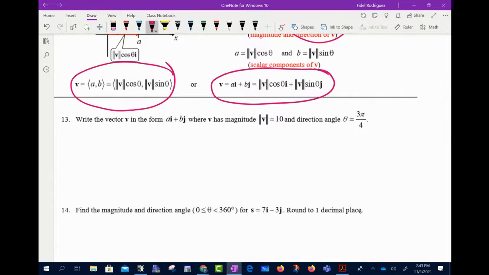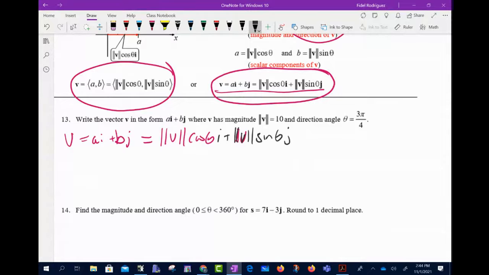So we want to write it in this form right here. v equals ai plus bj is going to be equal to the magnitude of v times the cosine of our theta with an i, and it's not the imaginary i, plus the magnitude of v times the sine of my angle with a j.